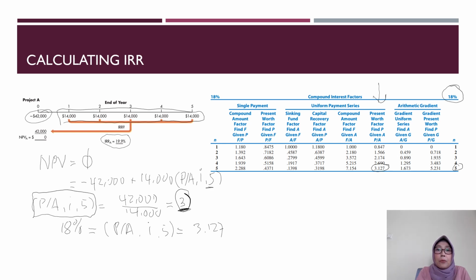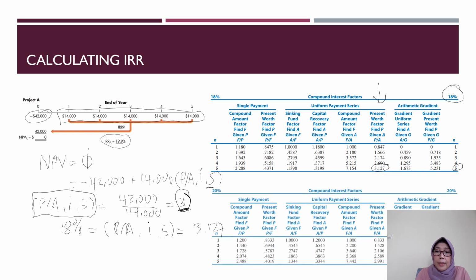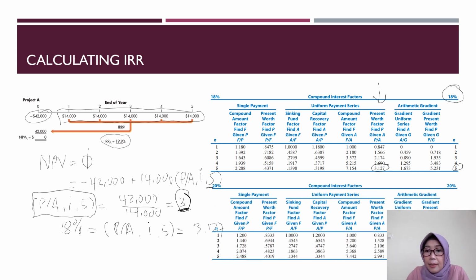But our target is to find these 3. So we have to find the closest number to the 3. First we get the 18%. Then if you take a look at another compound interest rate factor table, this one is the 20% discount rate. For this 20% discount rate, the same notation, present annuity and year 5, we have this one.